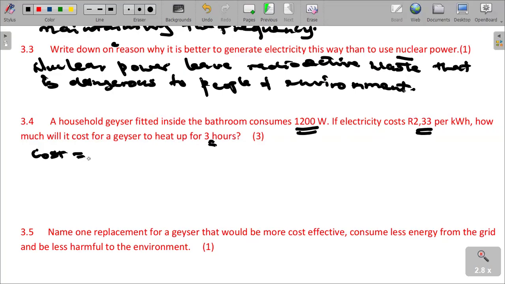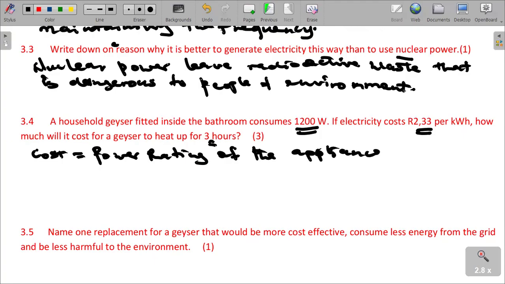Cost is equal to the power rating of the appliance multiplied by the number of hours it was used.